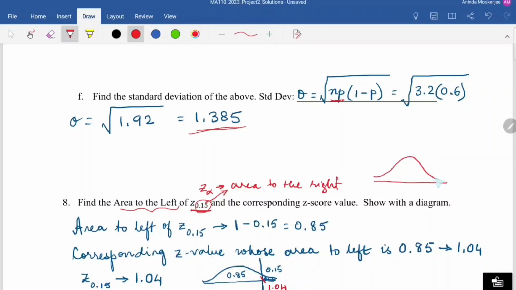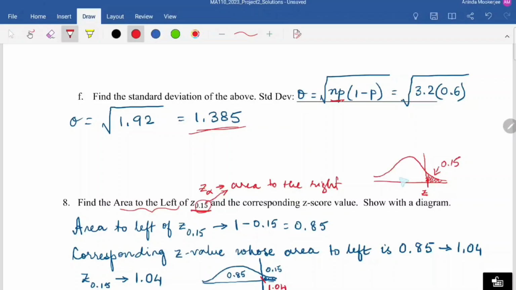All right, here's our curve, and based on this notation, let's say a z curve. So there is a particular z value. We don't know what it is, but the area to its right is 0.15.